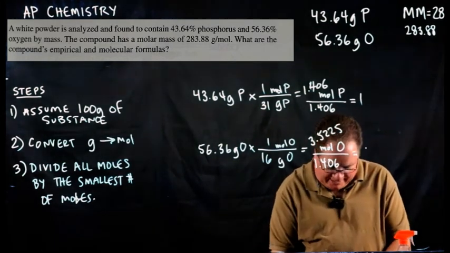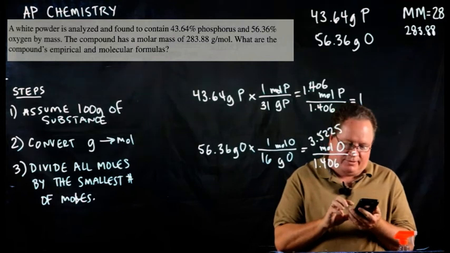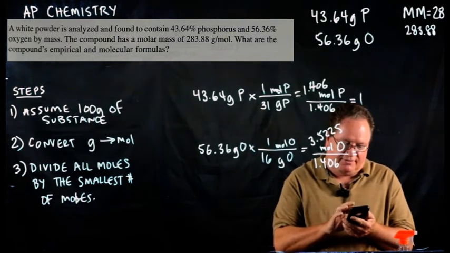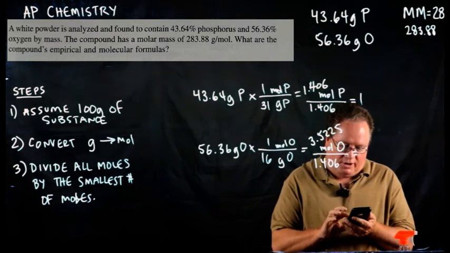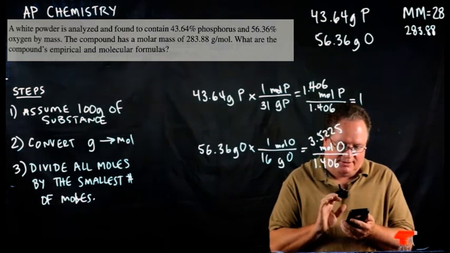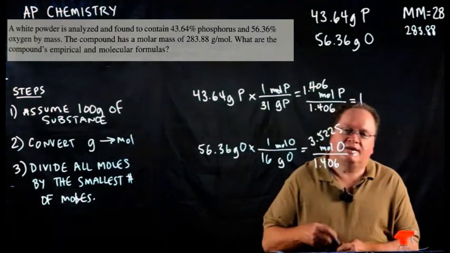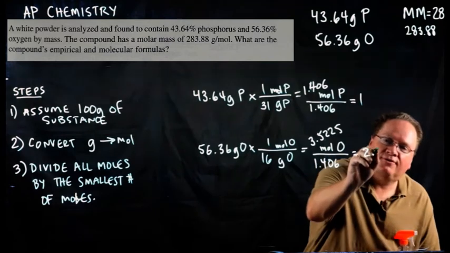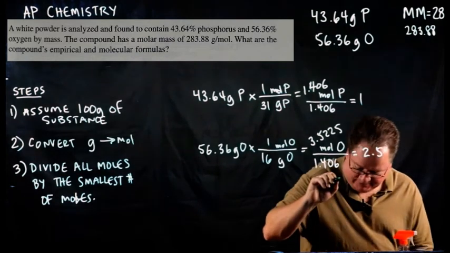Let me go back and do that. I think my calculator messed me up. 3.5225 divided by 1.406. That's more like it. This number comes out to 2.505.